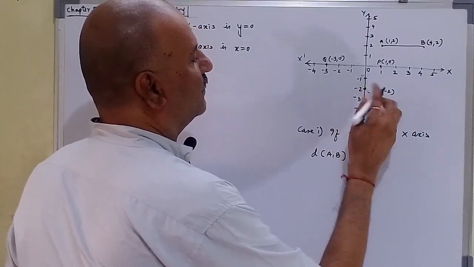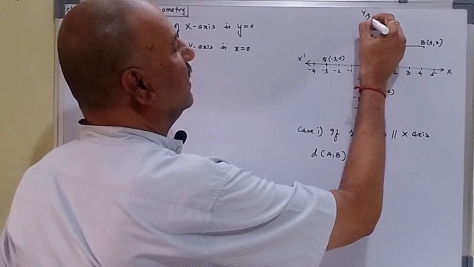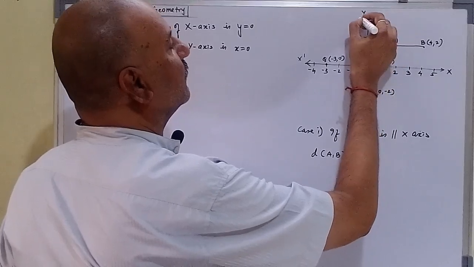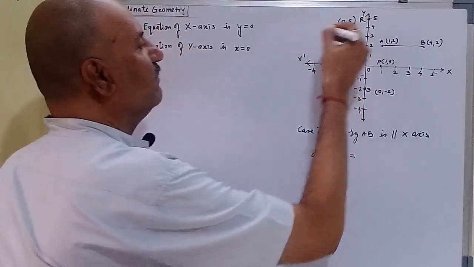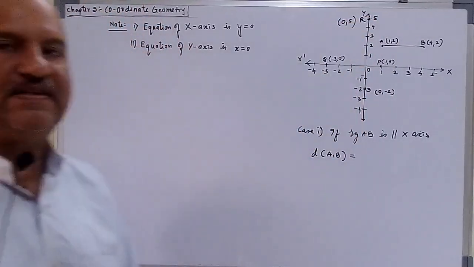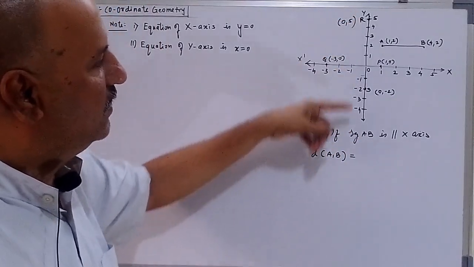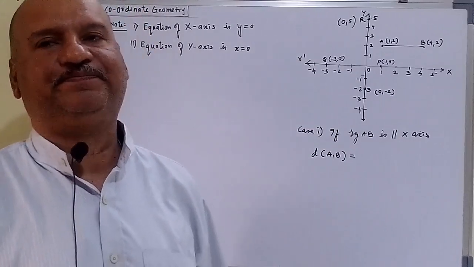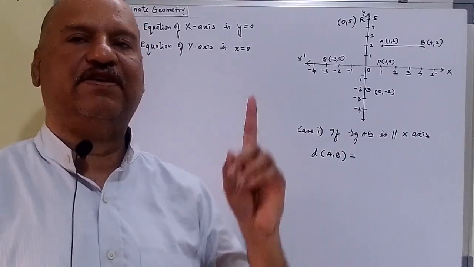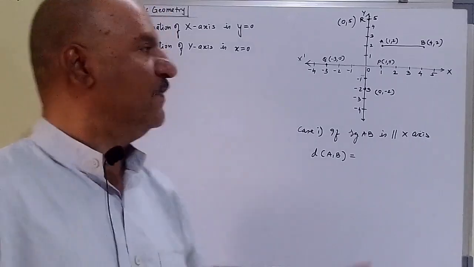This is S. I take this as R, then its coordinate will be (0, 5). So we can say all the points on the y-axis will have x coordinate 0. And that's why the equation of the y-axis is x equal to 0. Okay?